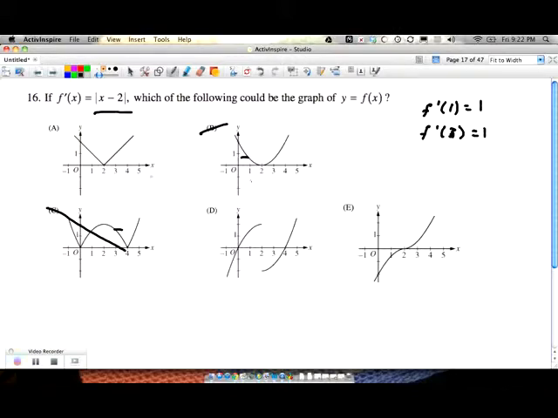Now, A is also out. This is just the function square root of x minus 2. So maybe that'll help us interpret whether D or E is our answer. So now let's see what's going on.